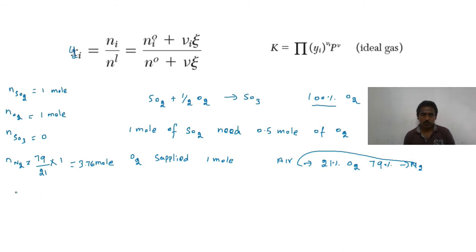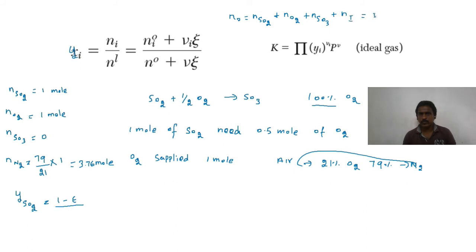So let me write Y of SO2 will be Ni0, which is 1 mole, plus the stoichiometric coefficient of SO2, which is minus 1, so I will write minus epsilon, the extent of reaction, divided by N0, which is nothing but N SO2 plus N O2 plus N SO3 plus N inert.